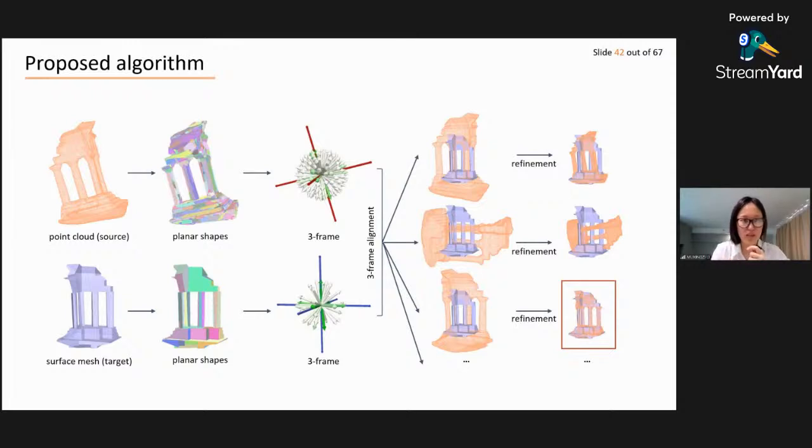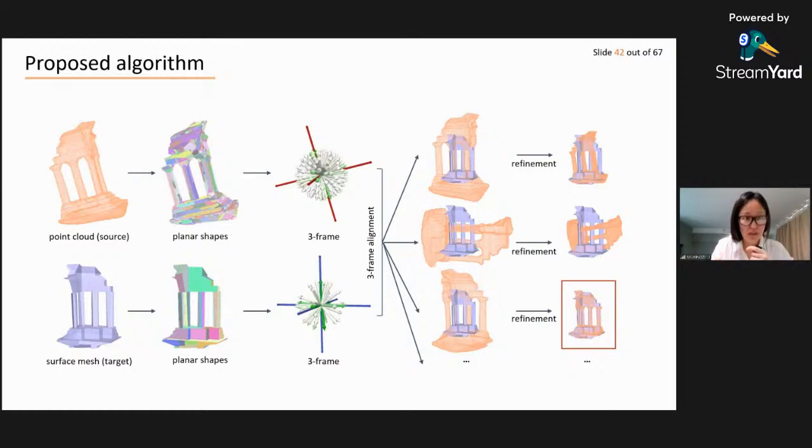The case where it's equivalent is when we have a clean point cloud without too much noise, and the points are uniformly sampled. Then the result from the extracted planar shapes giving the distribution and the result from the point cloud giving the distribution would be very similar to each other.